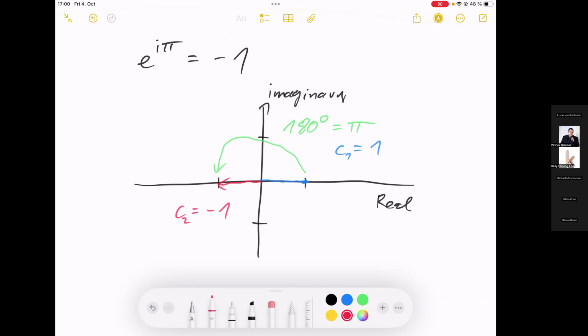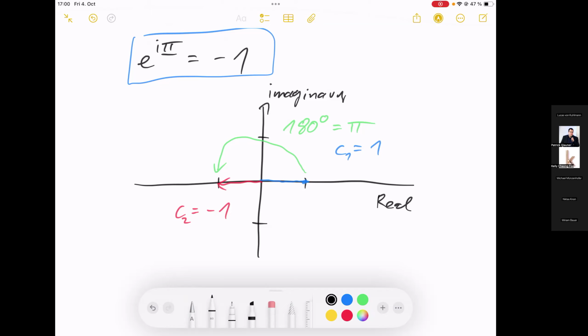And if you put all together what I've just shown you, this one here will make sense. Because if I rotate a complex number by pi, meaning by 180 degrees anti-clockwise, and I just had the original one, my c1, and I rotate this by pi, I get to -1.